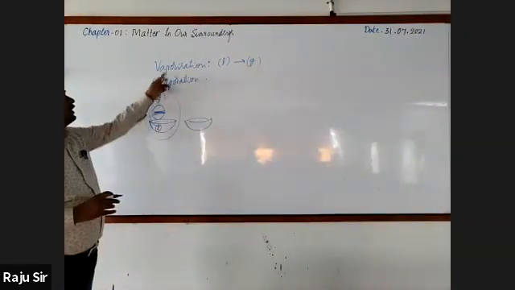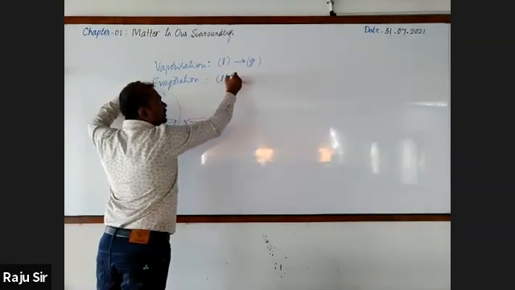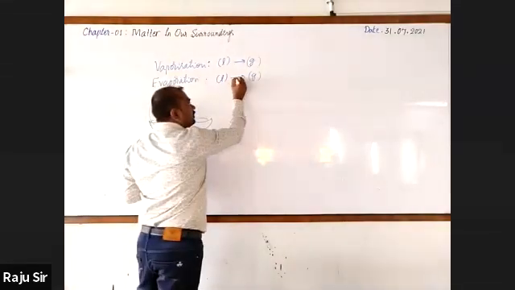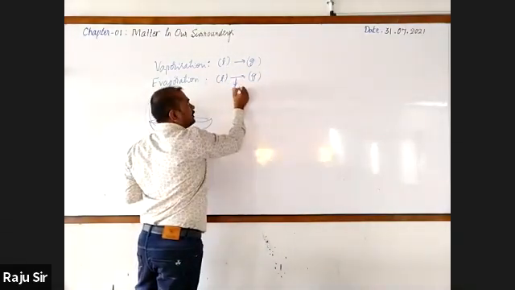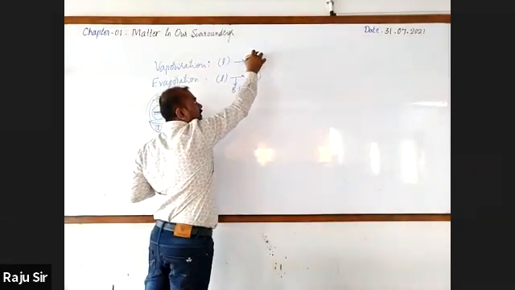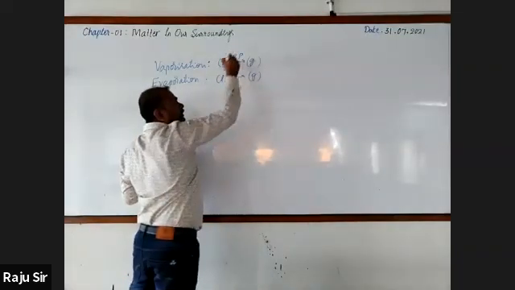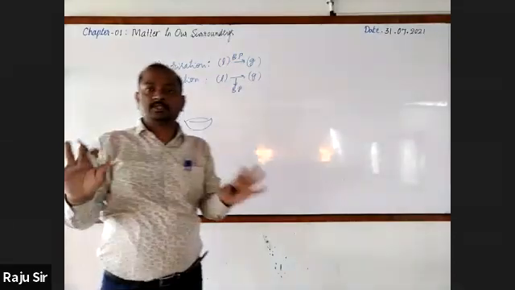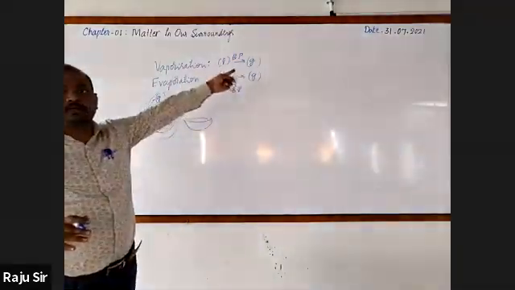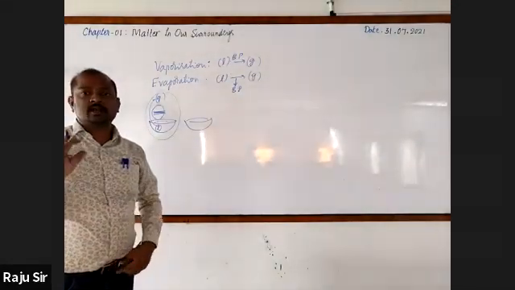But in evaporation, the conversion from liquid to gas takes place without reaching its boiling point. In vaporization, the liquid has to reach boiling point. When it reaches the boiling point, there is no change in temperature and the remaining heat is used for converting it into gas. But in evaporation, it doesn't happen.